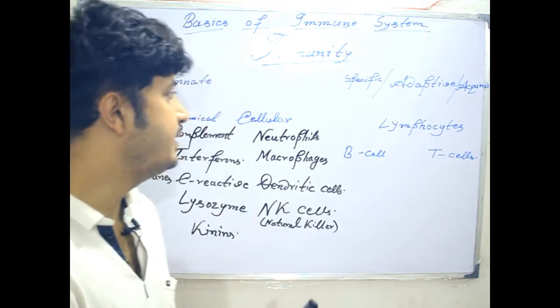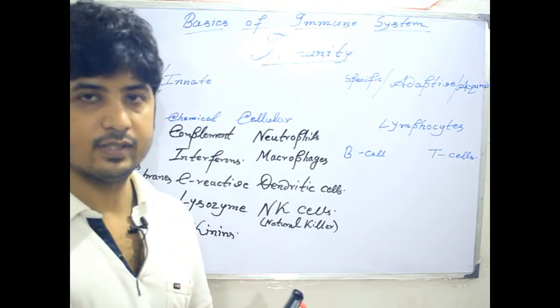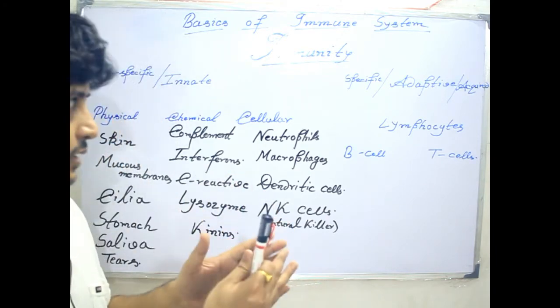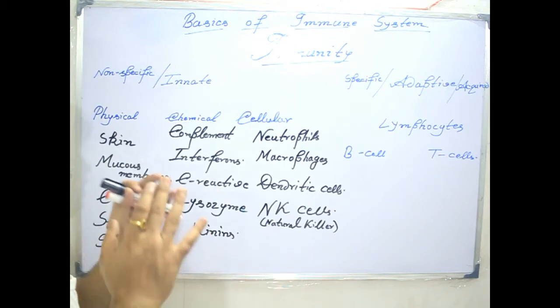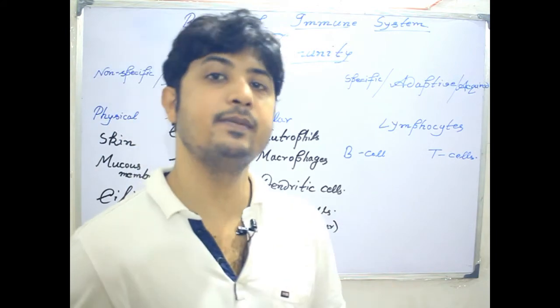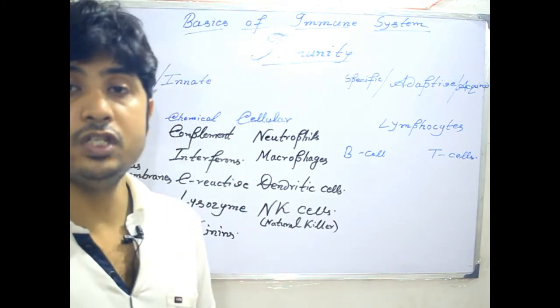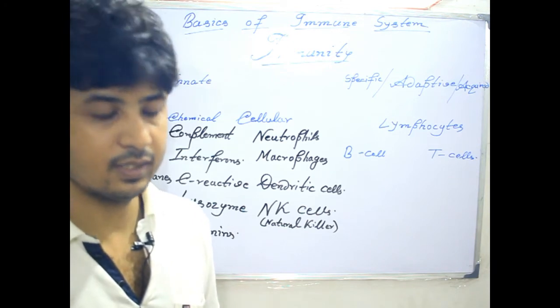That's why we need both immunities in conjunction to fight against disease. Now the link between the innate and the adaptive immune system is very simple, if you think so, but we need to know how it is activated.